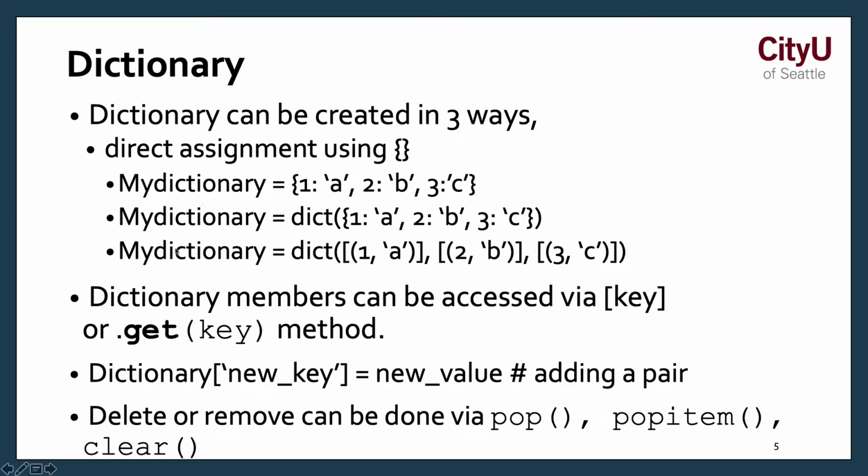If you say my dictionary dot get and whatever key, let's say key 1, you'll get A. So get is one of the ways you access a key. You can also access it by passing the key inside square brackets, enclosed in quotes.